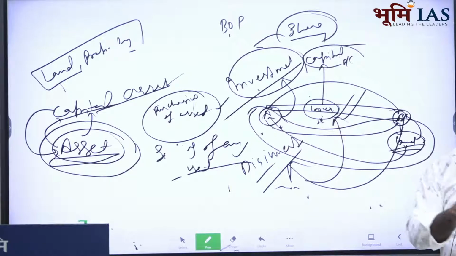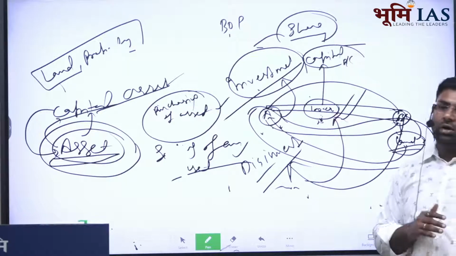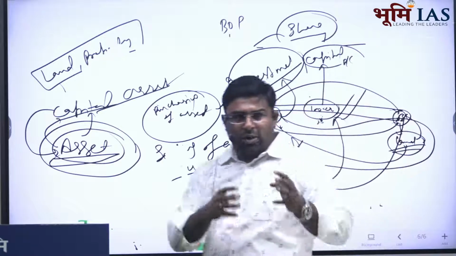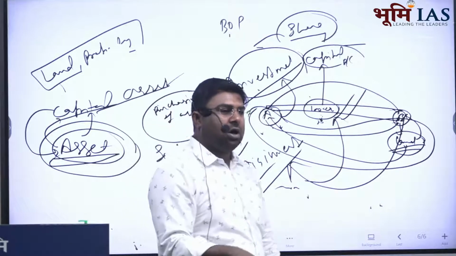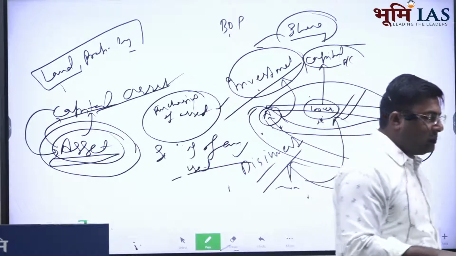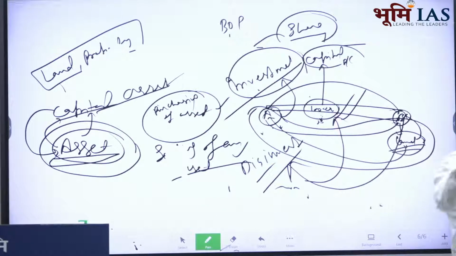Now the picture is becoming clearer to all of you. So in capital account, now again a simplified version of this first condition. Under capital account, any international transaction in the name of investment or disinvestment has its place. Fine.